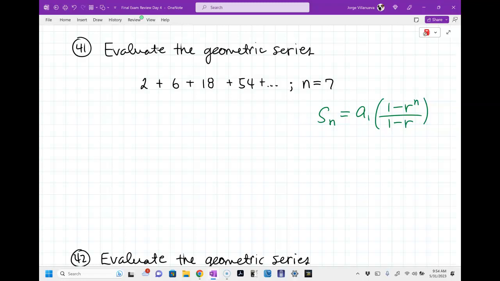So you might want to write that down. The reason why we call it finite is because it doesn't add forever. It's only adding 7 terms, and I know that because n equals 7.